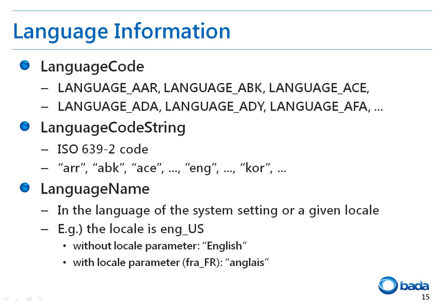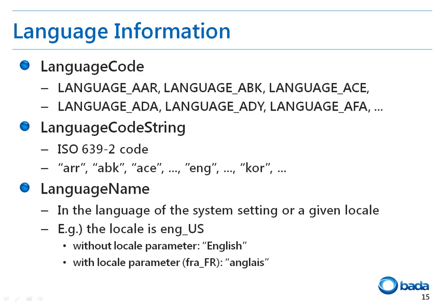You can get the language code, language code string, and language name values from the locale class. The language code is an enumerated value. The language code string is the ISO 639-2 string representation of the language code. Finally, the language name string contains the name of the language.